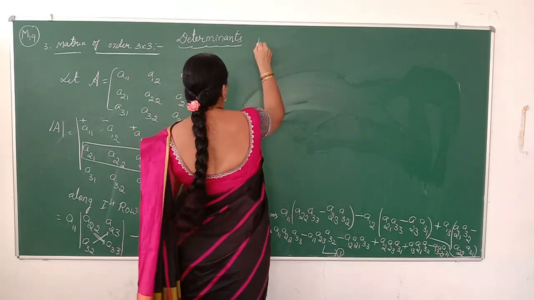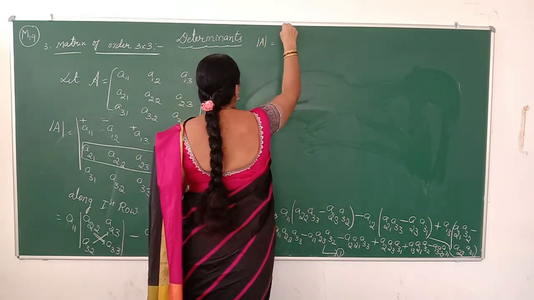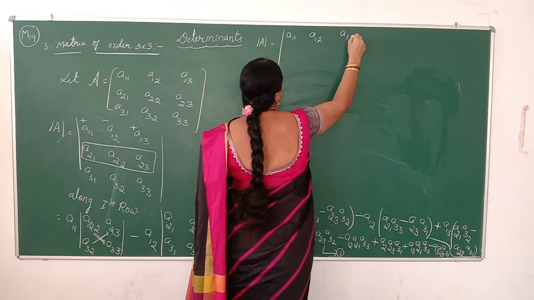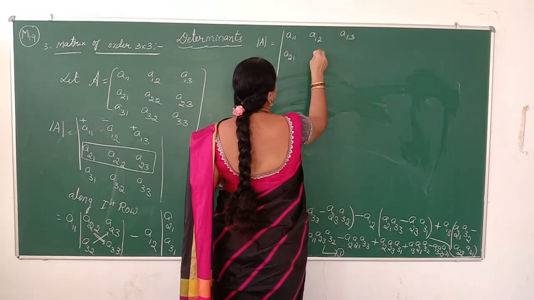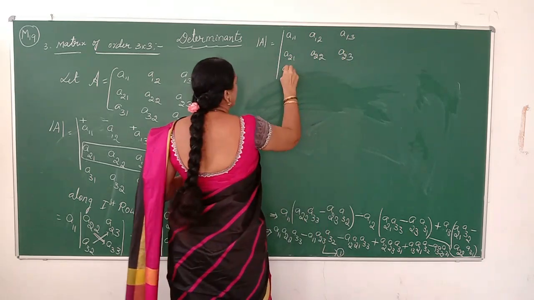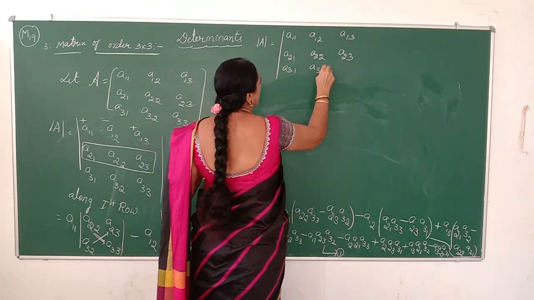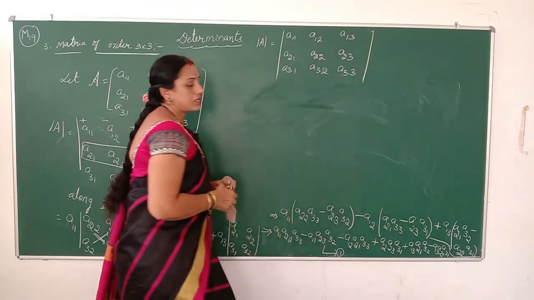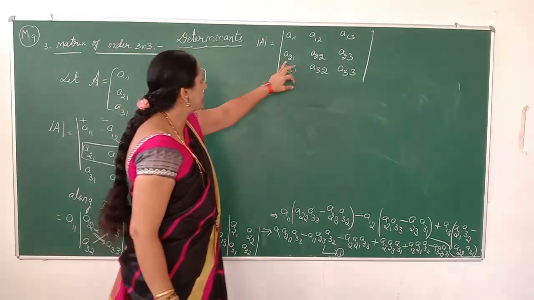Now first we'll write the determinant of A. Elements are A11, A12, A13, A21, A22, A23, A31, A32, A33. So now we'll consider the elements of the second row.